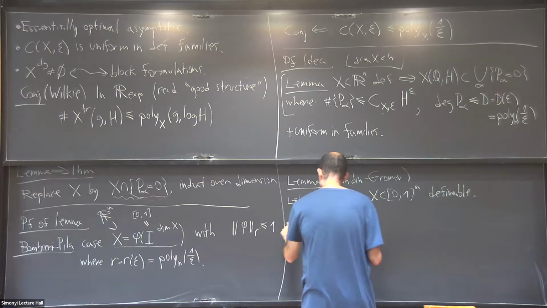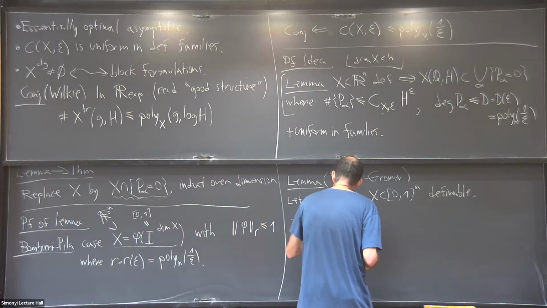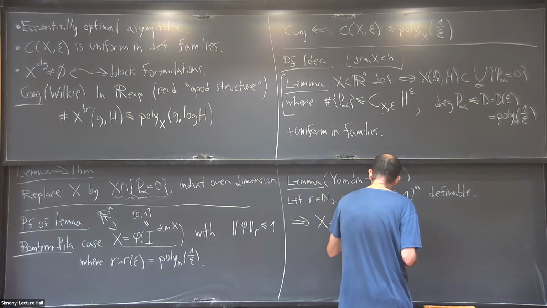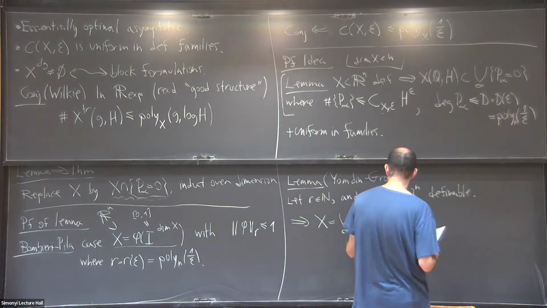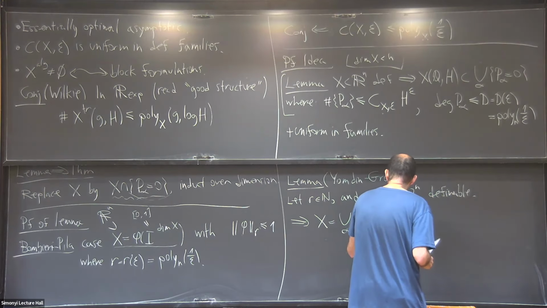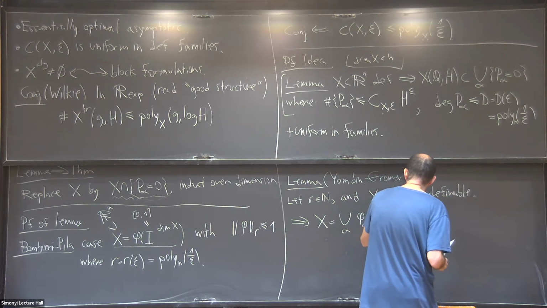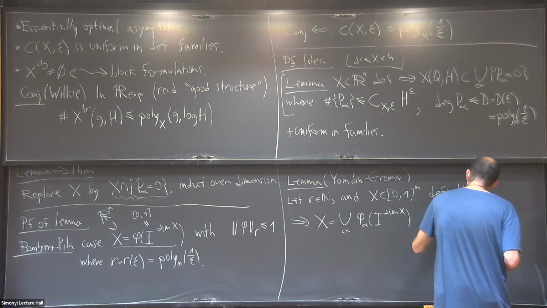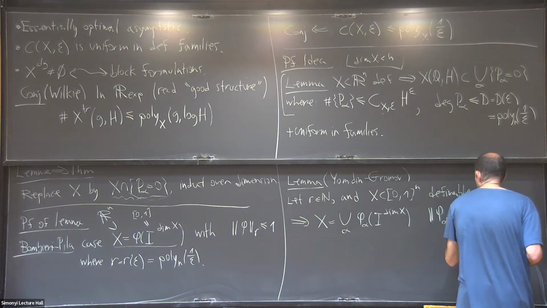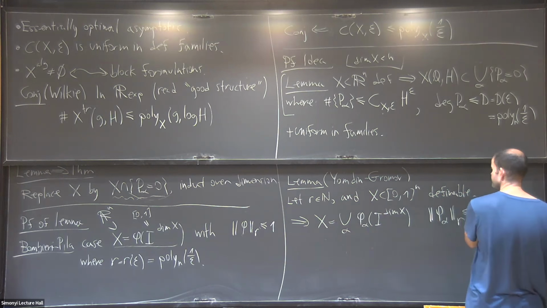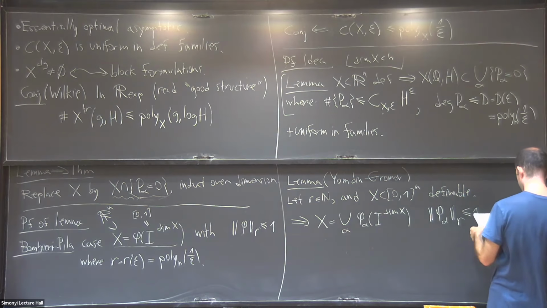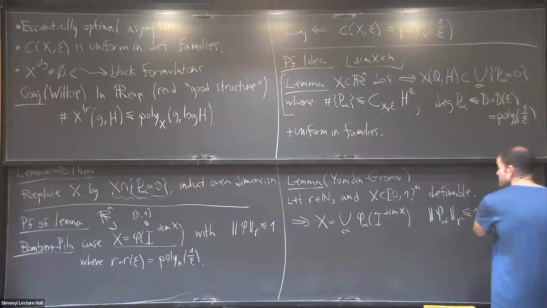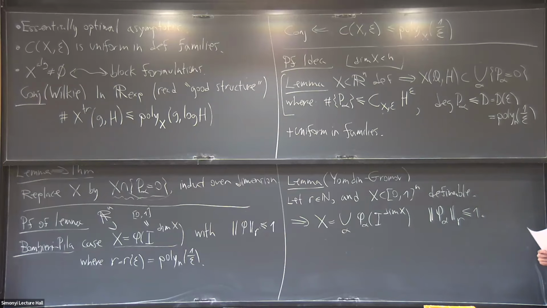Then I claim that I can write X as a union over alpha of the images of phi alpha of I, covering X. So I can write these smooth charts where the C^r norm of phi alpha is less than or equal to 1. So this is almost the lemma.